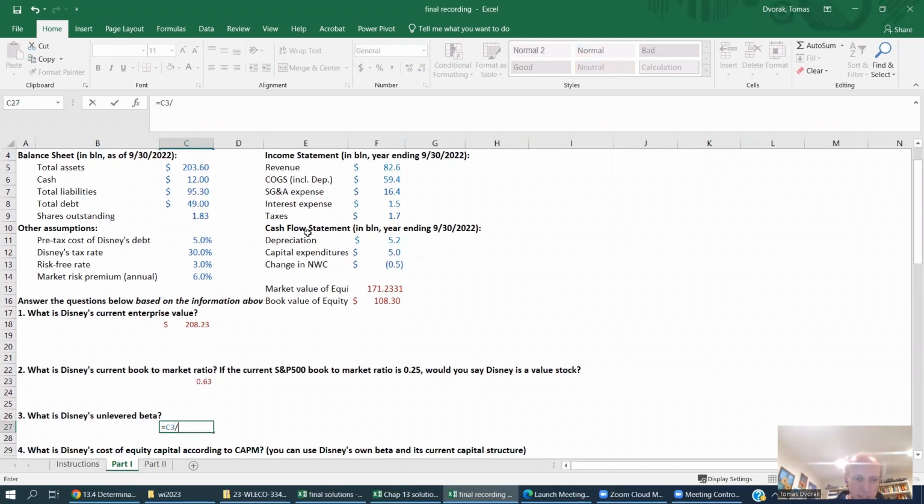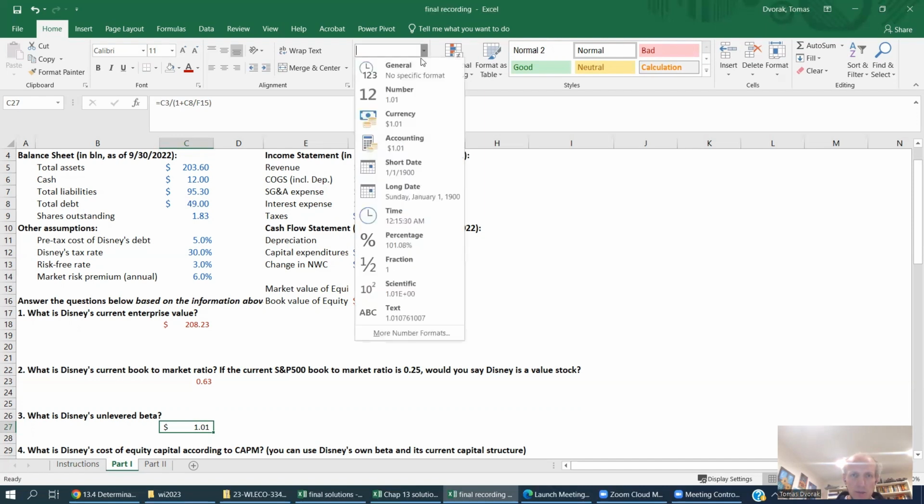But now we have to scale it by 1 plus, and we use market values, debt over market value of equity. And that gives us 1.01.